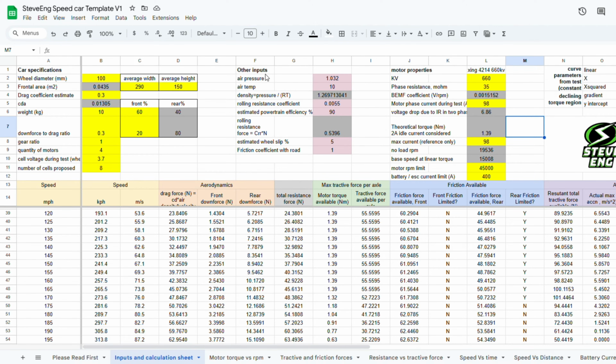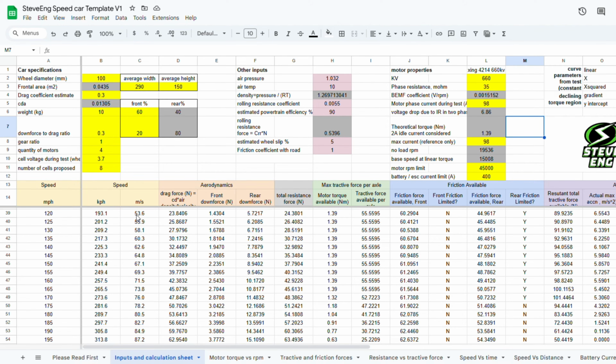So then we've got these other inputs here, the air resistance parameters, powertrain efficiency estimate, wheel slip estimate, friction coefficient with the road estimate. Then we put in our motor parameters, which are readily available, as I showed before, off their data sheets. So those go in here. We've got the kV, phase resistance, and what current you're going to apply to the motor phase through the test.